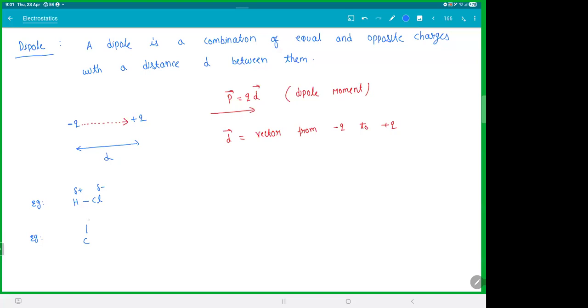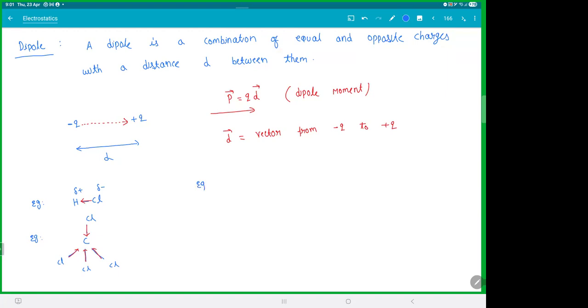If you have something like CCl4, it forms a tetrahedron. So we have a dipole, dipole, dipole. So yeah, you encounter all these dipoles there. That's it. That is the first thing. What is a dipole? Q into D. So that is how we use it.